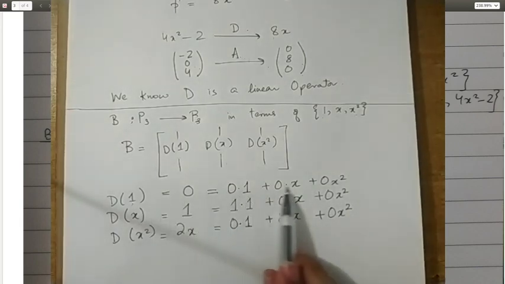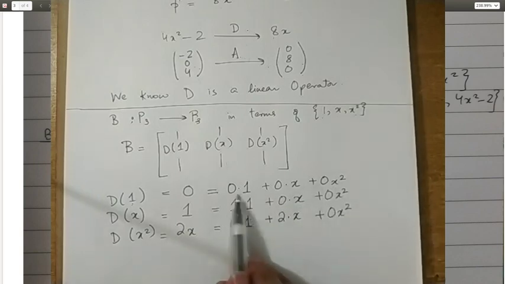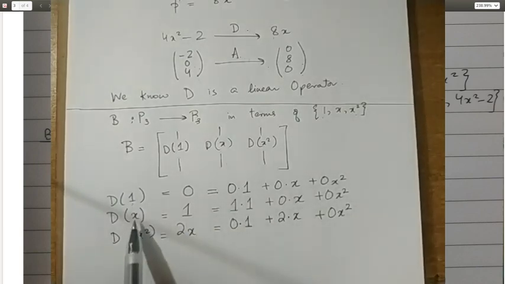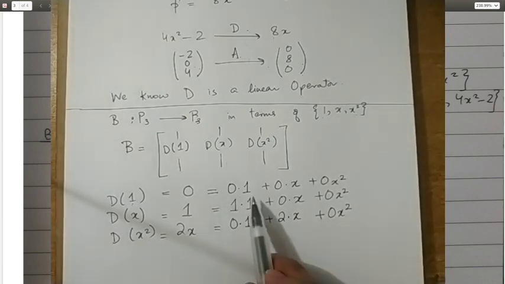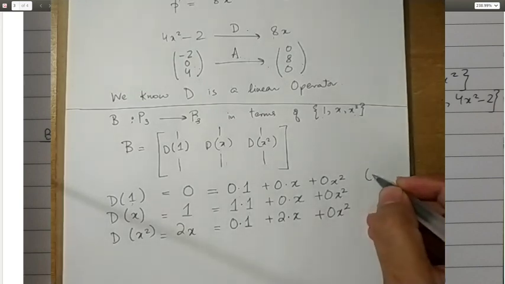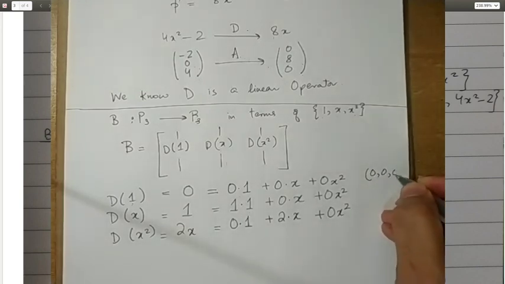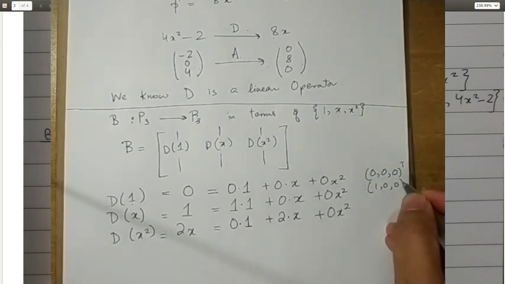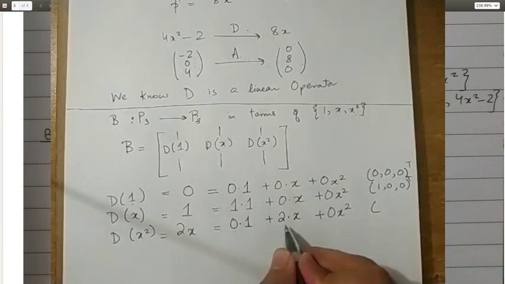So this is what happens to the standard basis vector 1, this is what happens to the standard basis vector x, and this is what happens to the standard basis vector x squared, and they are represented in terms of the standard basis vector. So this is the vector 0, 0, 0, the coordinates of this are 1, 0, 0, and this is 0, 2, 0.